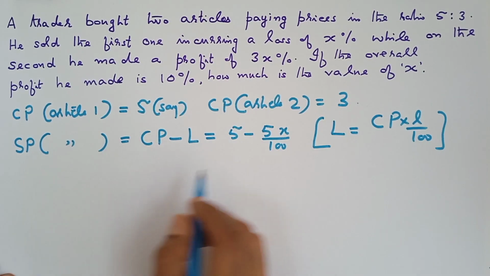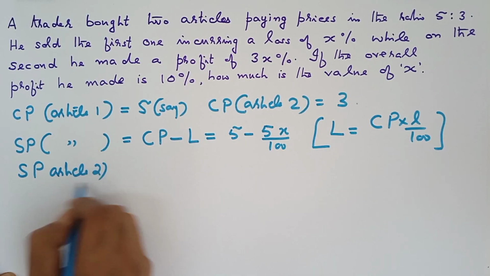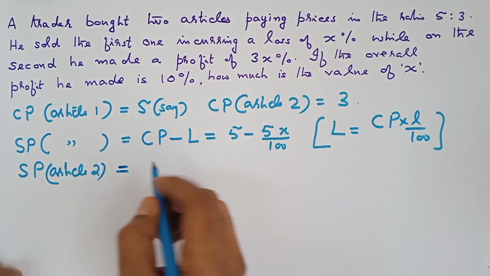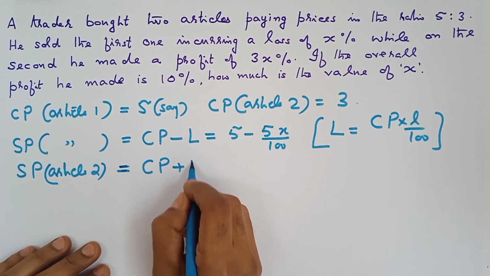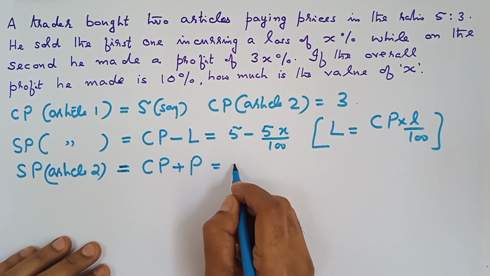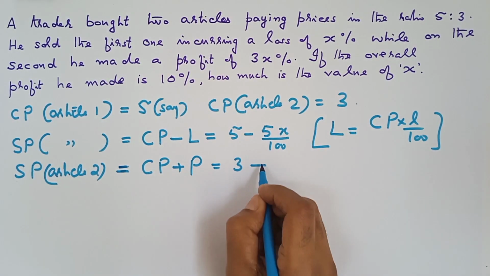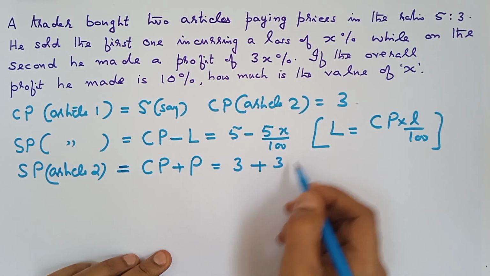Now similarly, we can find out SP of article 2. There it's sold with a profit, so CP will be smaller than SP and profit is to be added. Again, second article, cost price is 3 plus 3x percentage of 3.